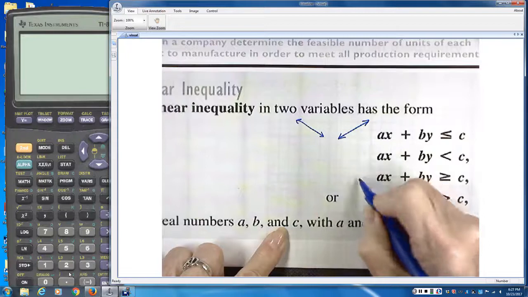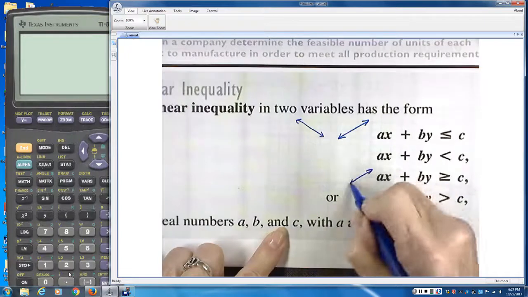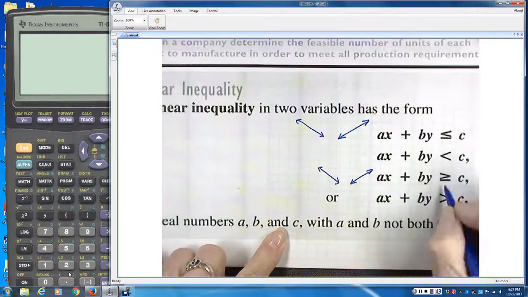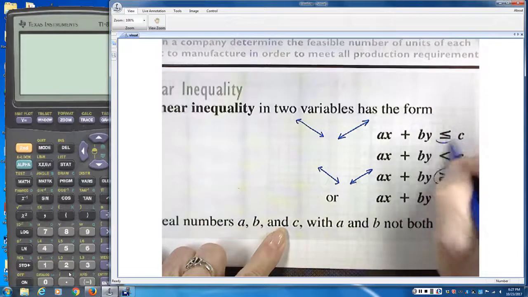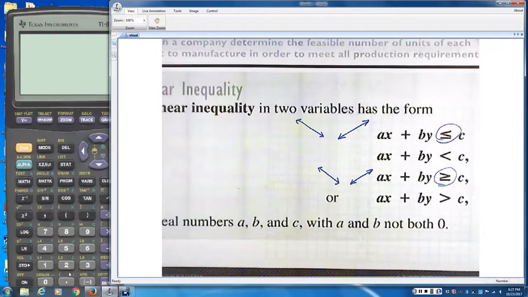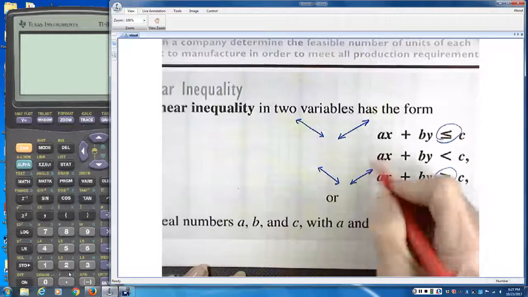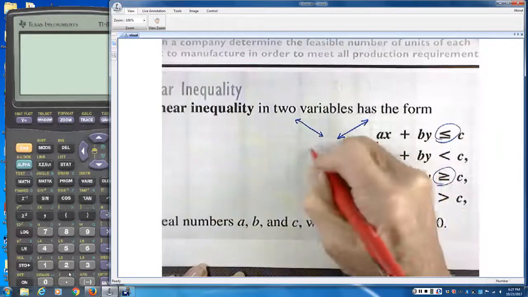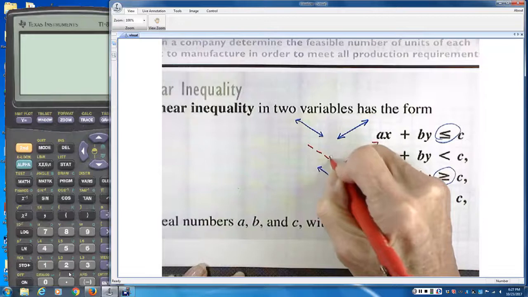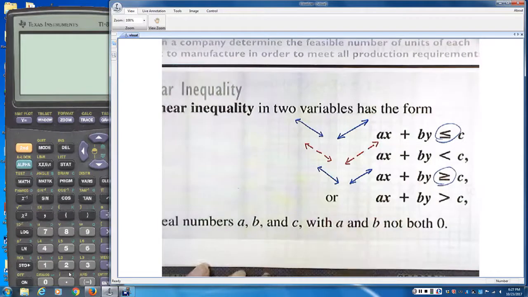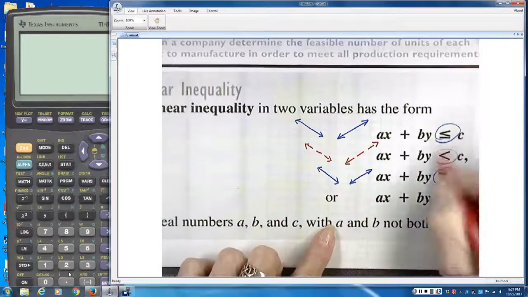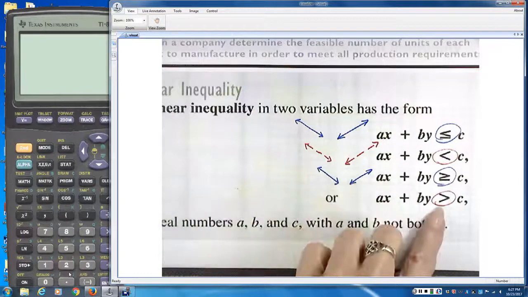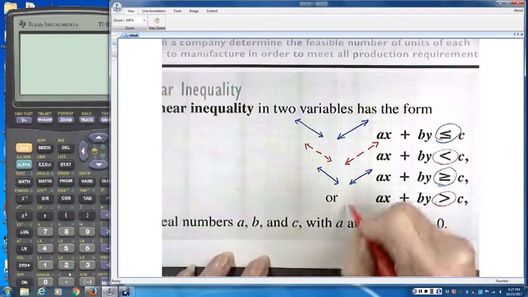This is going to be a solid line, and it's because of the equal to in there. But if I were to graph this one, it would be like this, or maybe like that, depending on what kind of slope it had. And the same thing here: if the equal to is there, it's solid. If there's no equal to, it's going to be a broken line.